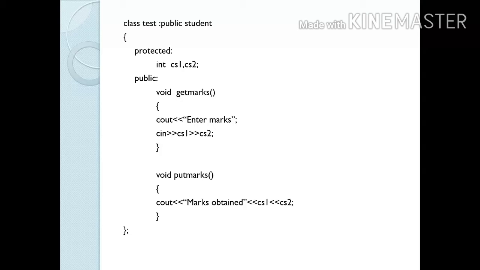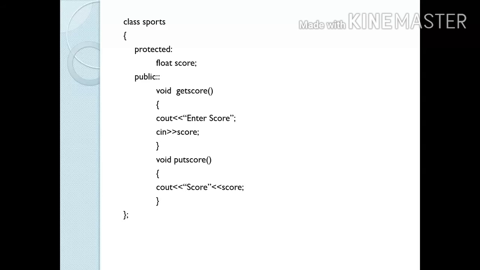Then I created one more class, that is sports. Now here the sports class is an independent class. Independent class means this class is not derived from any other class, that is not derived from the student class or test class.